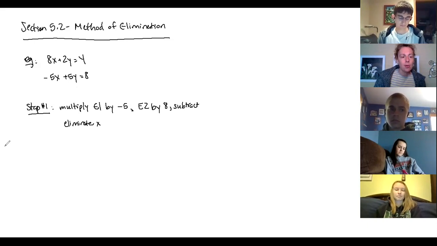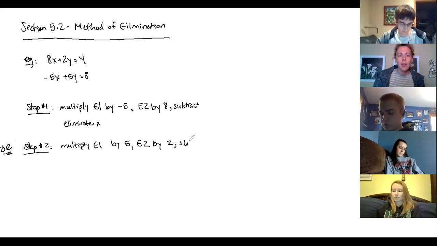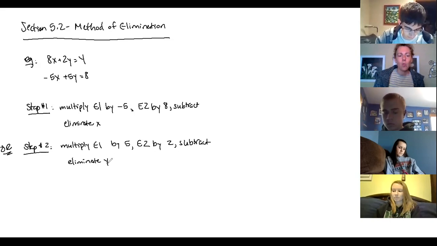We could also do method number 2. We could multiply equation 1 by 5, equation 2 by 2, and then once again we could subtract, and this would allow us to eliminate y.